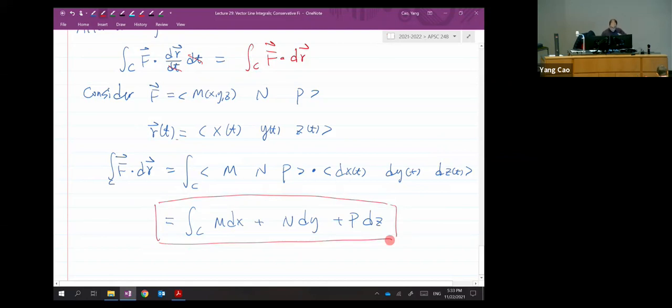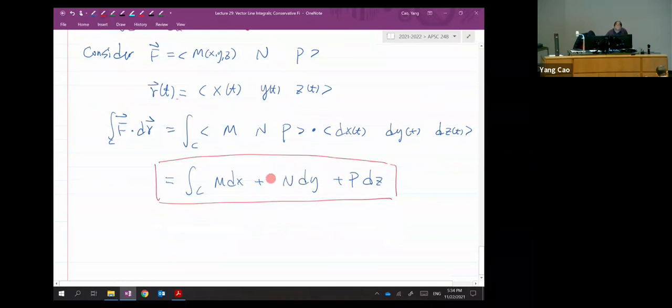You're basically separating this F using its components M, N, and P, and each one of dx, dy, dz is actually the derivative of the vector parametric equation for the curve C. So this can work, and if you use this formula, it can also work.